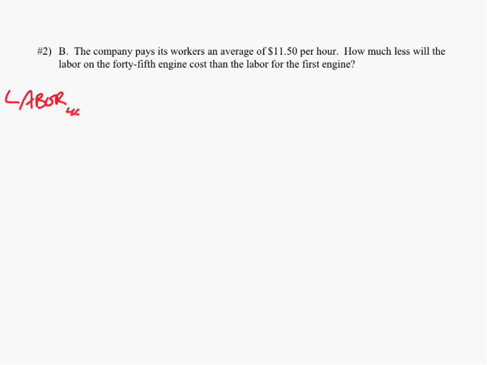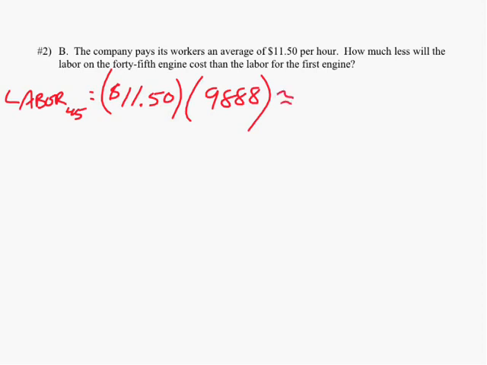Labor for the 45th one: you're going to take how much money you're paying them per hour times how many hours. They're making $11.50 an hour. They worked 9,888 hours. Put that in your calculator.